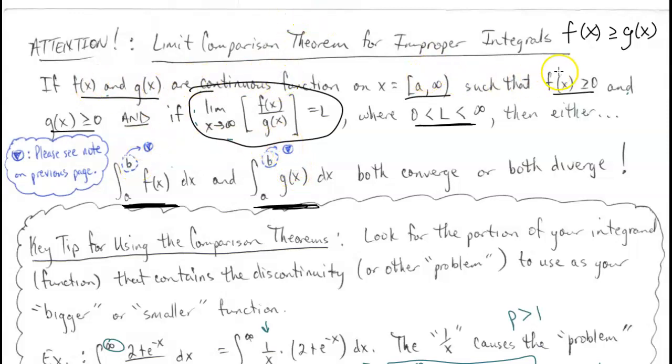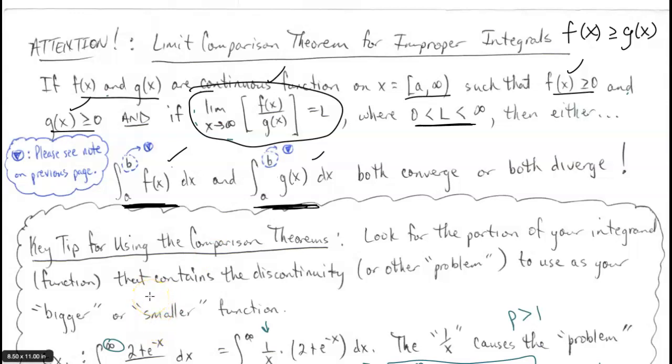If it meets this condition of both functions being non-negative, and the limit of the quotient of f over g, or we can say g over f, is equal to some positive real number, then essentially both improper integrals are going to act the same, okay?